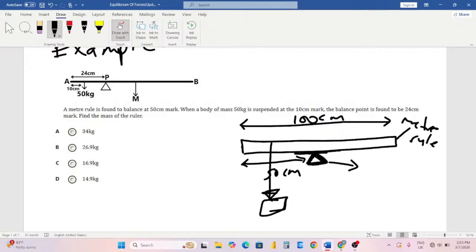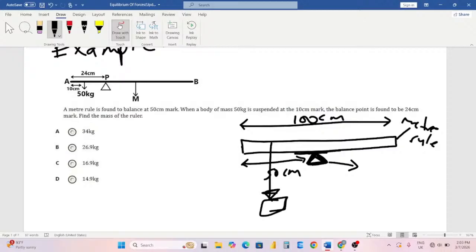So another catch about the center of gravity again is that it is felt at the center of the object. It is also where the object would balance if you can easily locate it, and that is why the pivot is at the 50 centimeter mark. So that's another extra information about the center of gravity. So let's narrow it down.